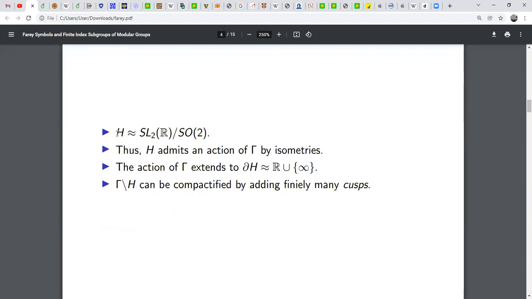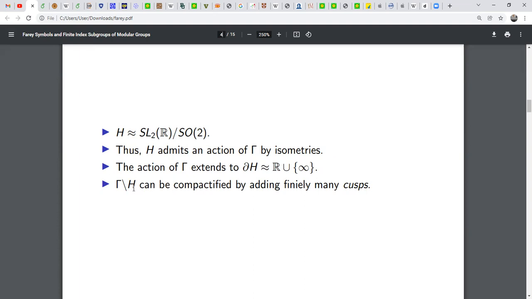For this problem, it is good to think of the upper half plane as the symmetric space SL2R mod SO2, so that the action of the isometry group of the Poincare upper half plane is just gamma, PSL2Z. However, each isometry will extend to its ideal boundary, which is the projectivized real line, boundary of H, R union infinity, and the action can be compactified.